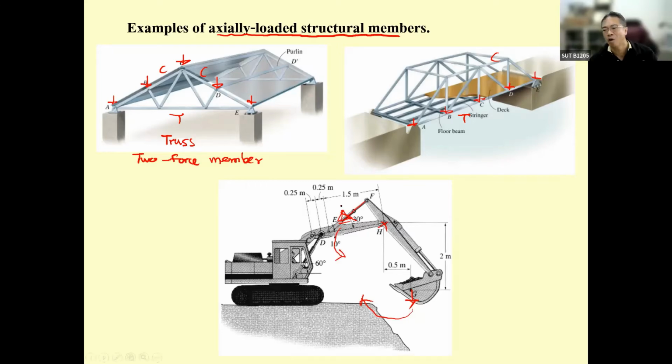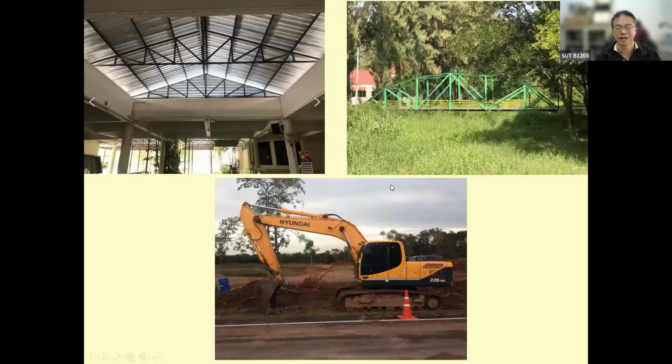This may be the model of the real thing. In the real thing, we also have this for the roof truss, this for the bridge truss in our university, and this for the machine. The part of the machine that we consider is the hydraulic cylinder. It is a two force member.